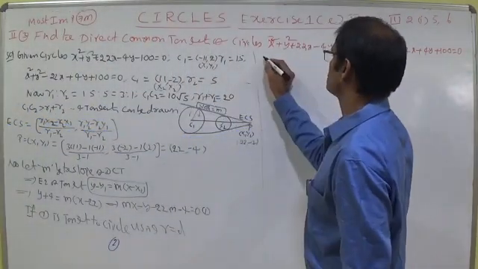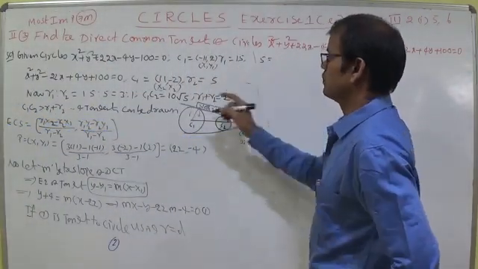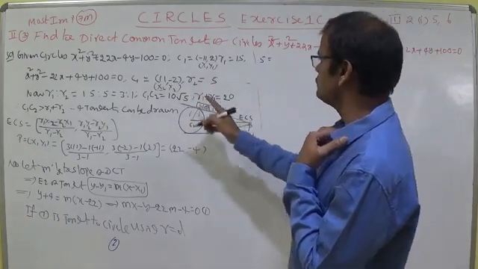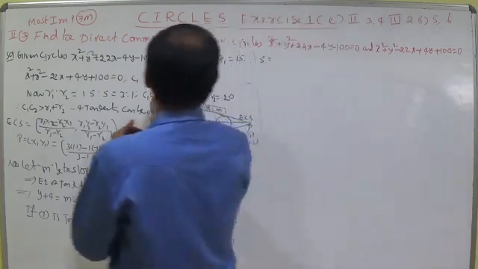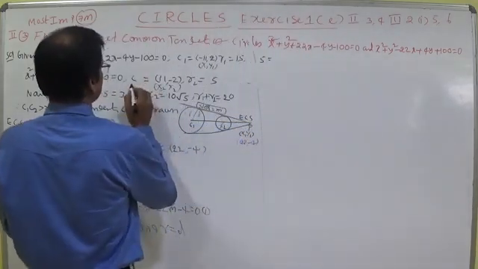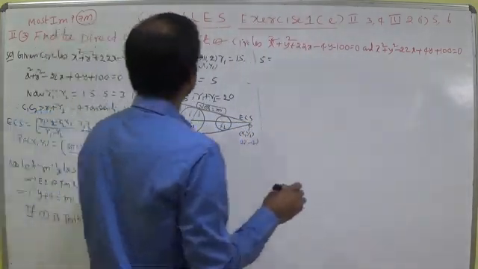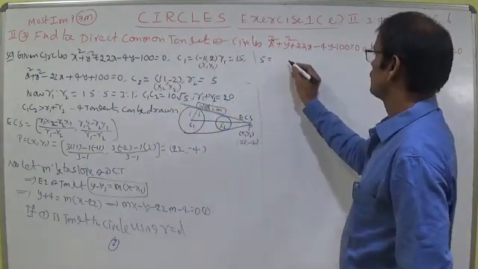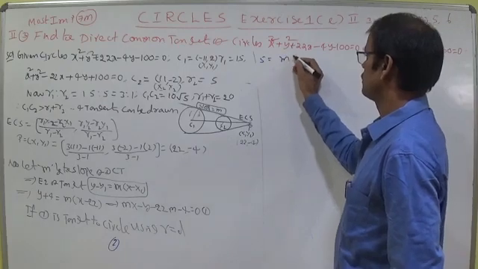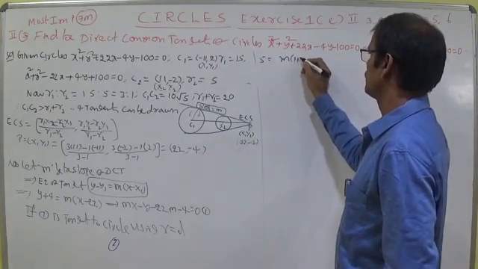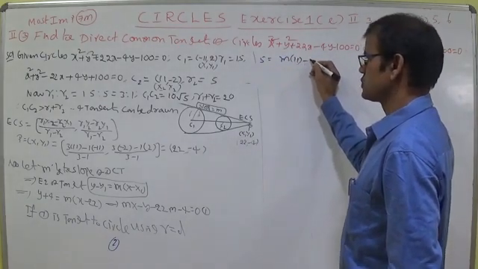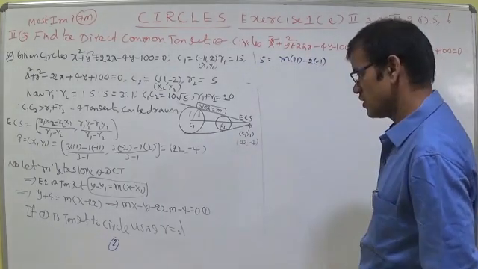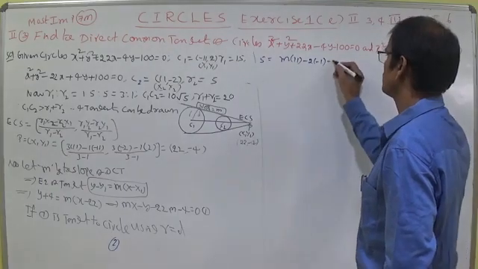Second circle radius is 5. Put 5, and the second circle center, so this is C2. M into 11 minus 2 into minus 1. I think that one only you have taken.